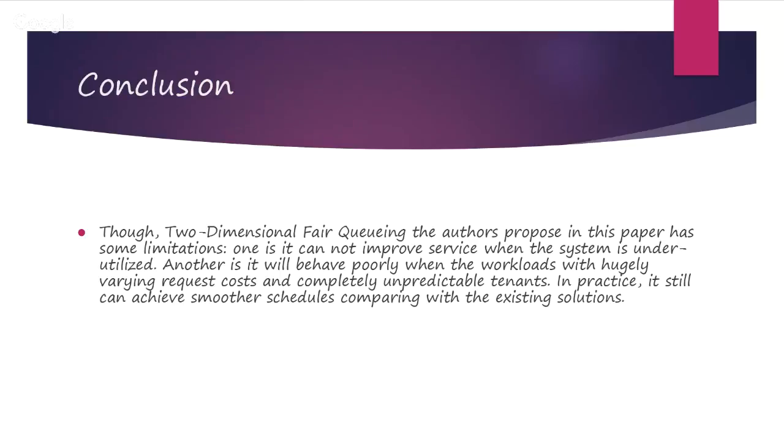One is it cannot improve service when the system is underutilized, and it will behave poorly with workloads with hugely varying request costs and completely unpredictable tenants. But in practice, for real-world workloads, it can still achieve smoother scheduling compared with the existing solutions.